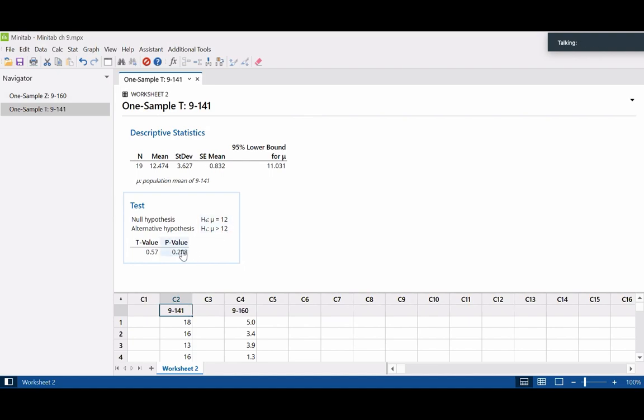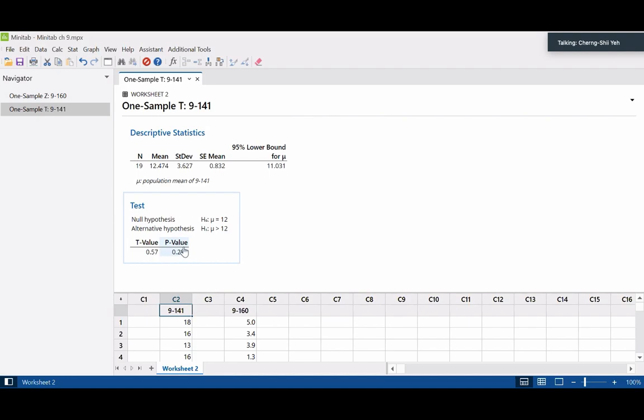P-value greater than 0.05. So we fail to reject the null hypothesis. Fail to reject because p-value is greater than alpha. Okay, how do we know? You shouldn't have to memorize it.